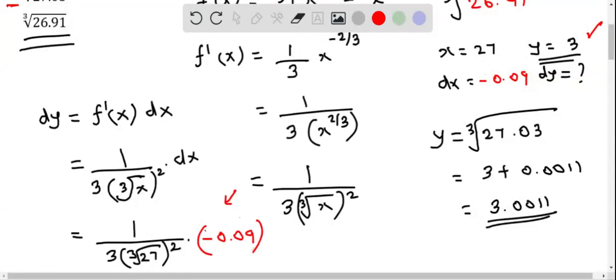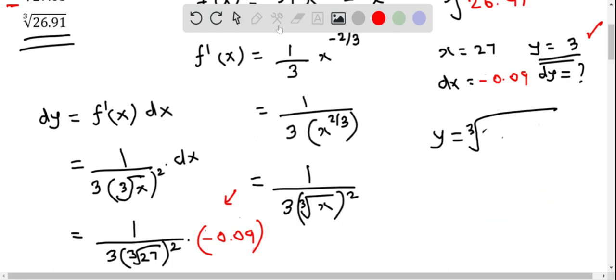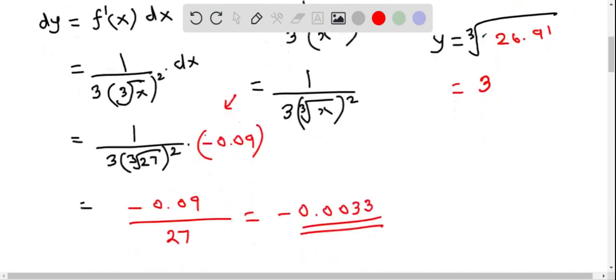Therefore, the cube root of 26.91 is equal to y plus dy. dy is negative, so this is going to be 3 minus 0.0033, and this is equal to 2.9967.